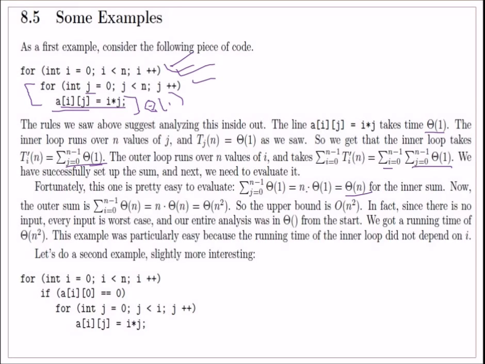So n into theta 1 you can just represent through theta n. This is so easy, 1 plus 1 till n times, so that will be n only. That is why we have written n into theta 1.